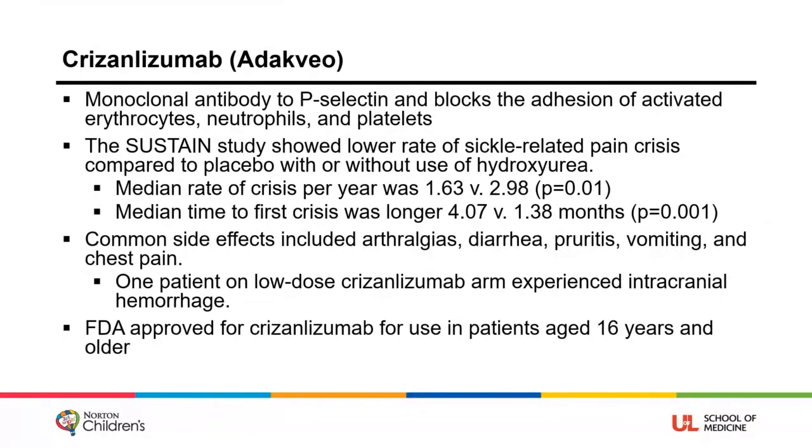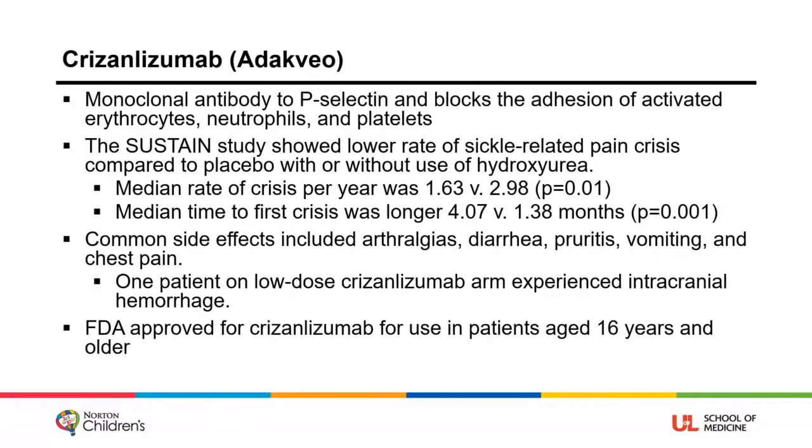In this double-blind, randomized, placebo-controlled phase 2 trial, participants who were receiving hydroxyurea as well as those not receiving hydrea were randomly allocated to treatment with Adakveo in the low-dose group at 2.5 milligrams per kilo per dose, and the high-dose group, which was double the dose.